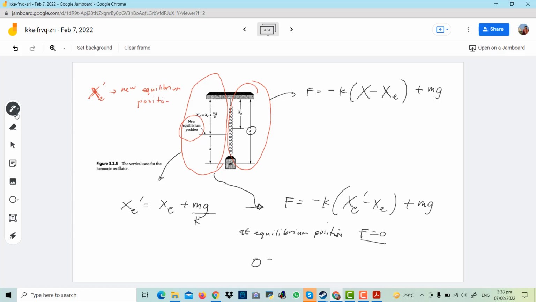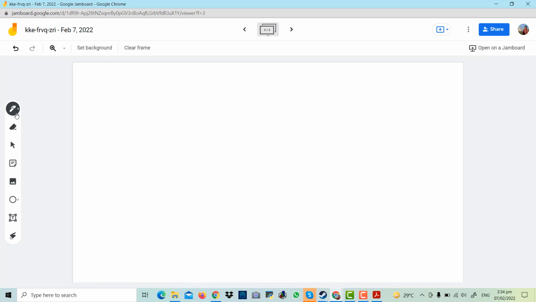So if we set f equals 0, mabilin na ko k times xe prime minus xe plus m times g. And based from this, masolve na ko ang xe prime, right? I can solve now for xe prime. Xe prime equal to xe plus mg over k. Okay? Mg over k. Okay?